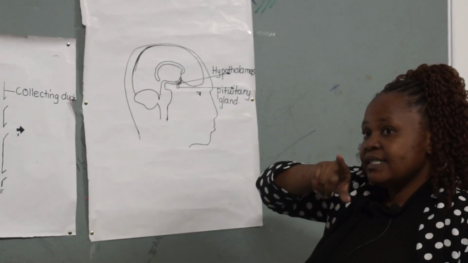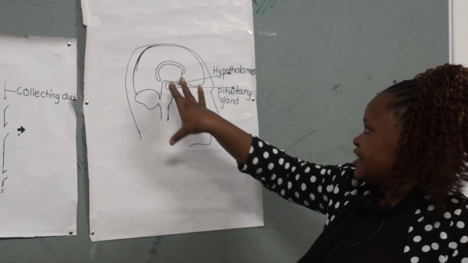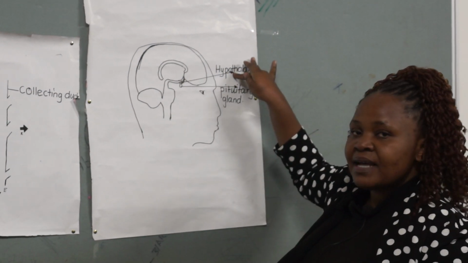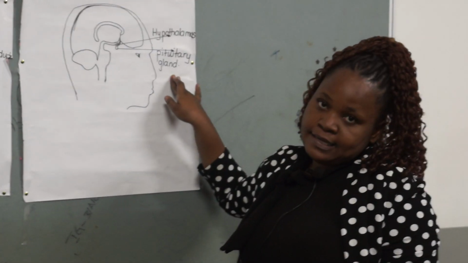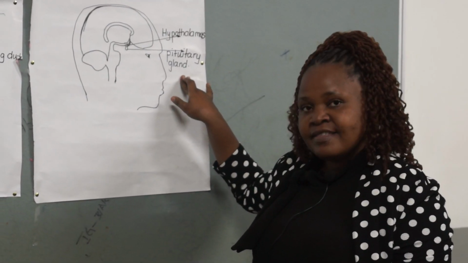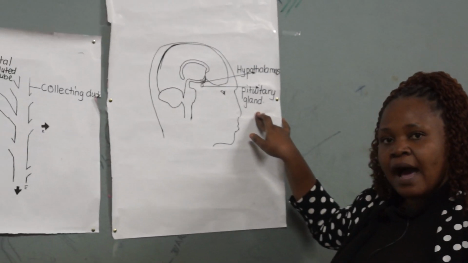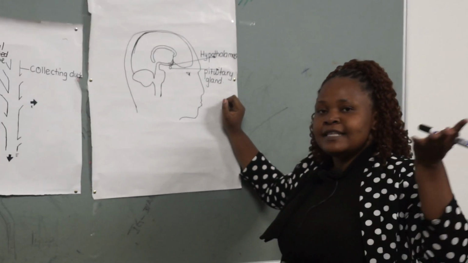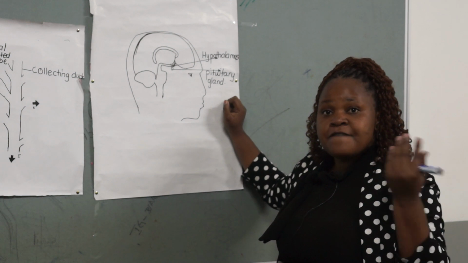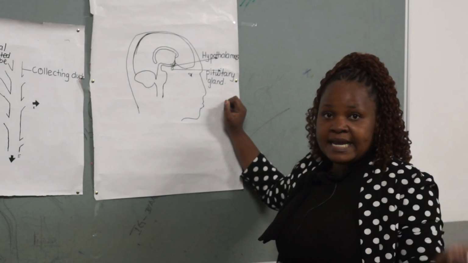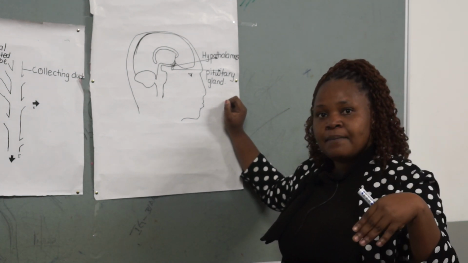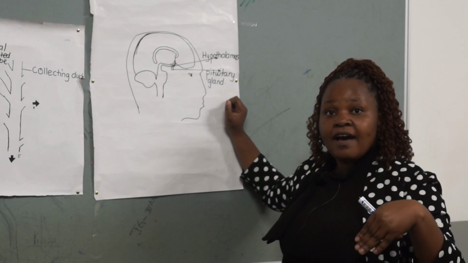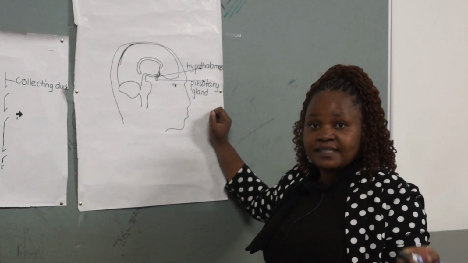Under homeostasis and osmoregulation, I've just indicated the hypothalamus and the pituitary gland. Not meaning to say that the brain is made up of these two parts, no. Remember, we have the cerebrum hemisphere for memory and learning, the cerebellum for control and balance, and the medulla for involuntary reflex actions.